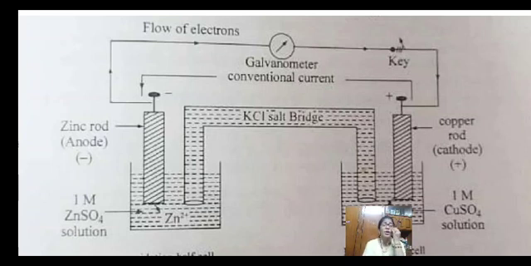On the other hand, copper will accept these released electrons from zinc, and its oxidation state will decrease from +2 to 0. As the oxidation number decreases and it accepts electrons, copper necessarily undergoes reduction.